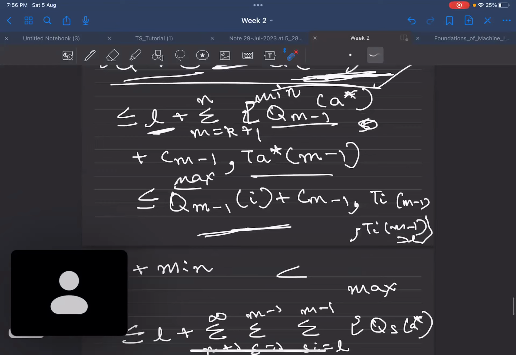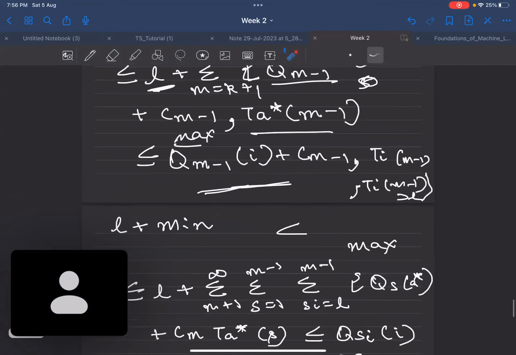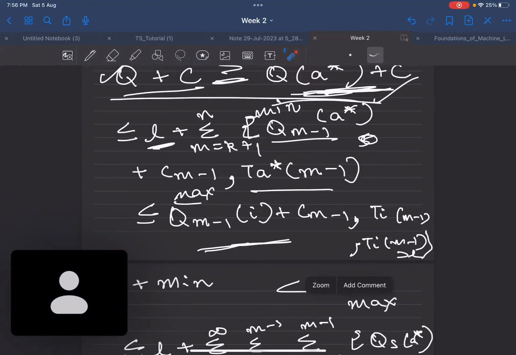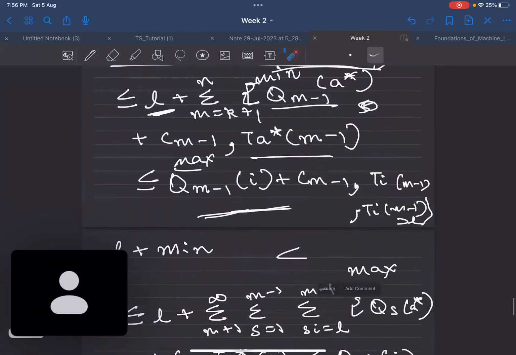Ma'am, can you please write that particular expression of the min and max? Because in that expression there was an additional parameter S and S_i for the optimal and the suboptimal arm respectively. That is why we are getting confused. You are right.